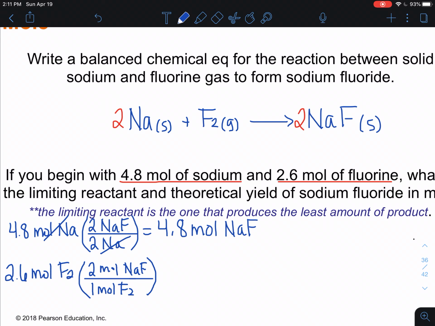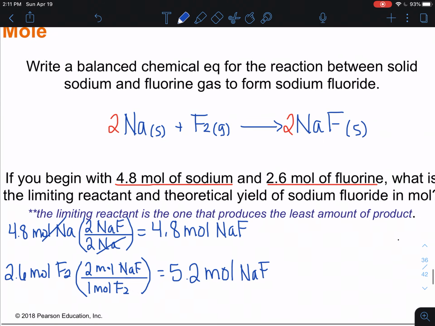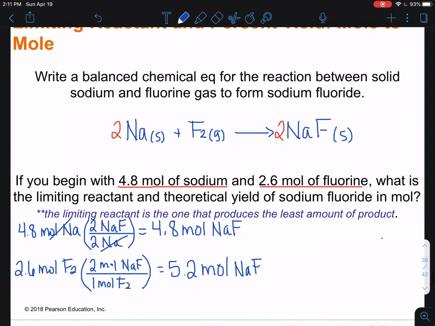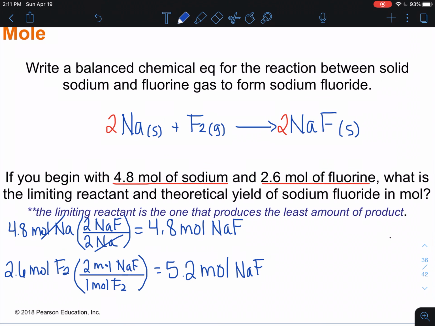Okay, so that will give us 5.2 moles of sodium fluoride.